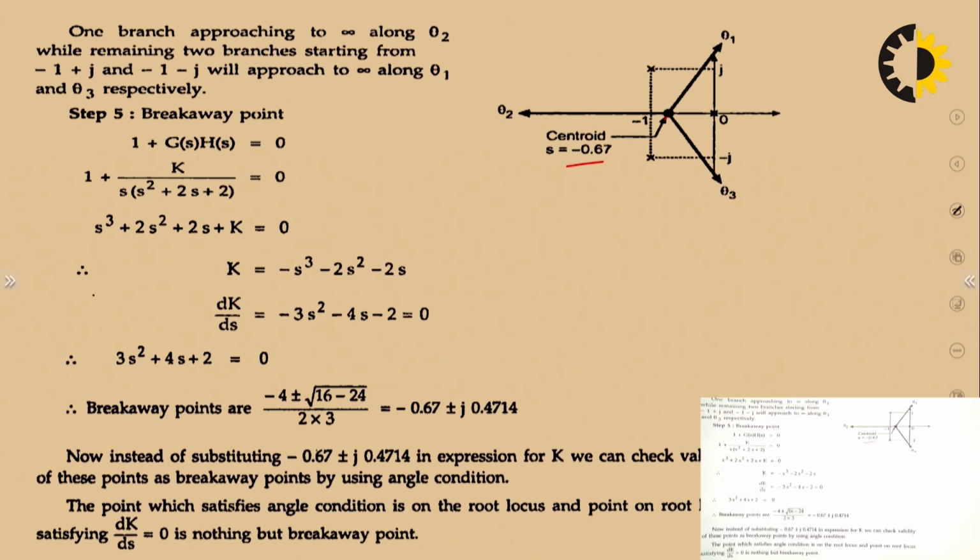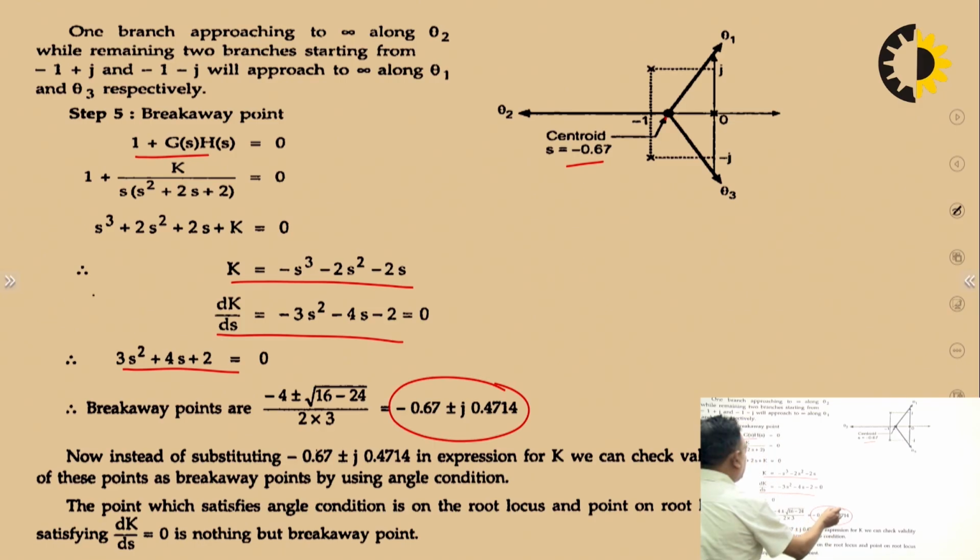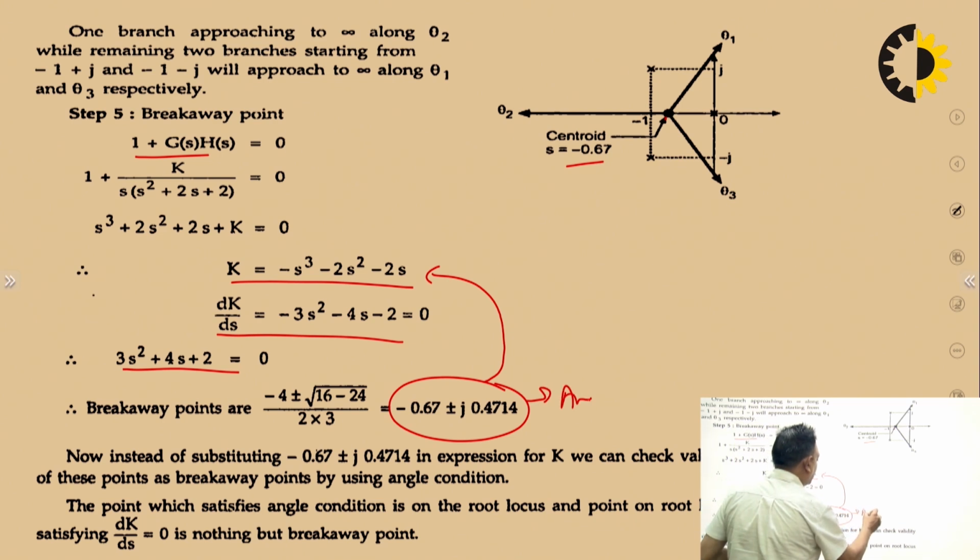Now we will see the breakaway point. As we have already seen, there will be no breakaway point, but we can calculate it analytically also. We put 1 plus G(s)H(s) equals 0, calculate the value of k, then dk by ds. We get complex breakaway points, and putting these values is a difficult task, so we suggest the angle condition to check the validity of these breakaway points.